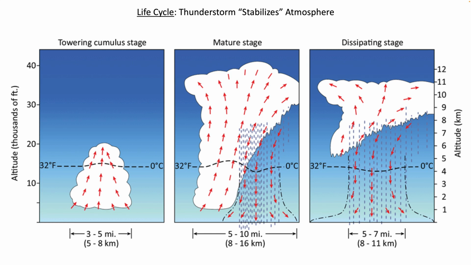So as we go through the day, because the environment is more conducive to cloud development, we get greater vertical extent in our cumulus clouds. Our parcels are able to make it further up into the troposphere. And if this goes on long enough and the atmosphere is sufficiently unstable, then a parcel can reach the level of free convection and we'll get a thunderstorm. Now before I move on to the actual thunderstorm, what I want you to note is the vertical motions in our towering cumulus cloud.